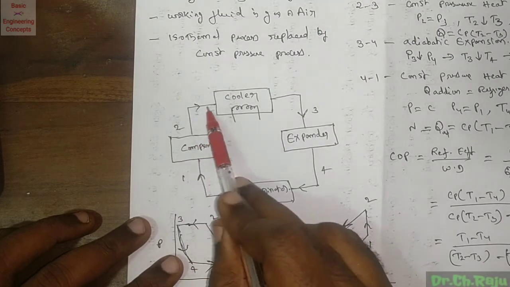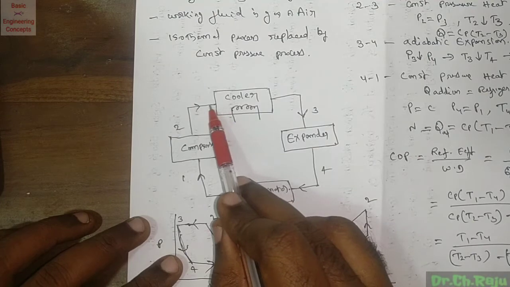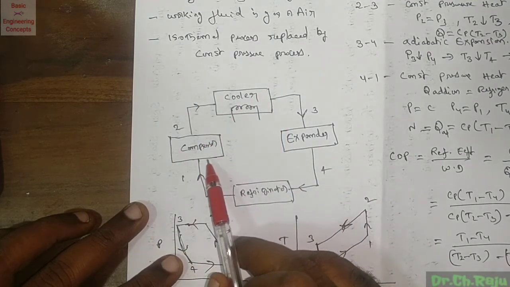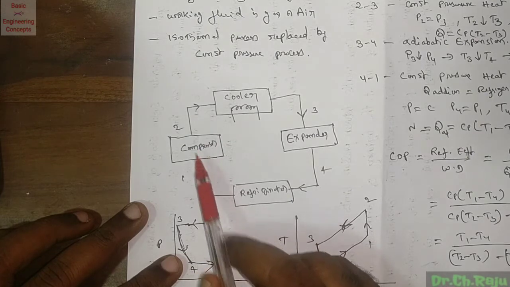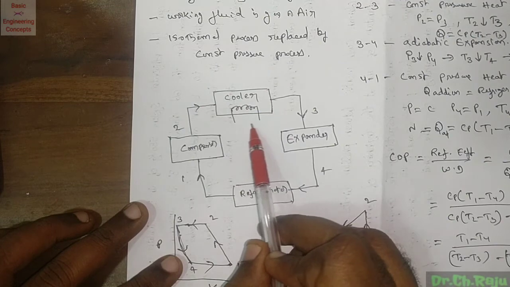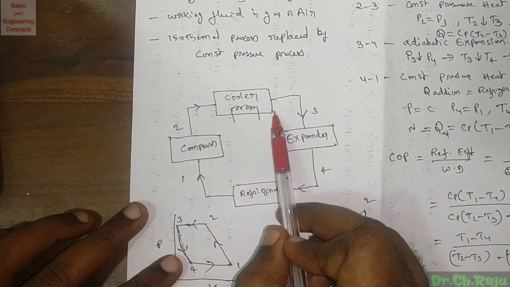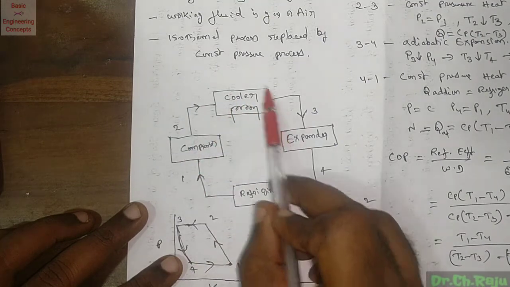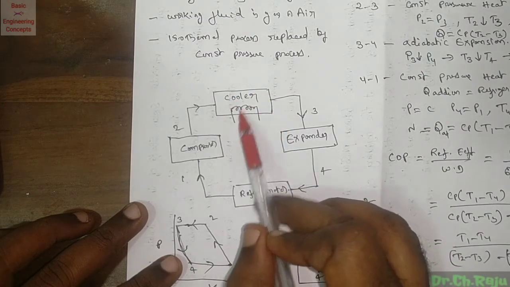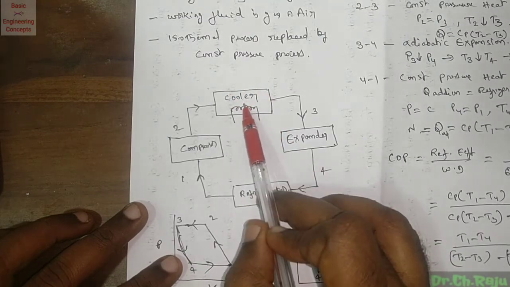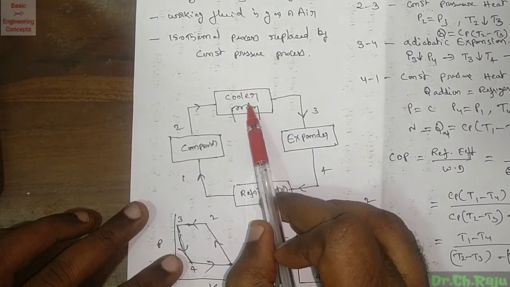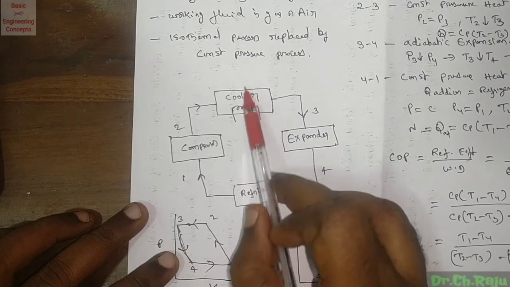air enters the cooler. Here in the cooler, at constant pressure, the high temperature air is cooled to lower temperatures. That is why it is a cooling process: heat is removed from the high pressure air.